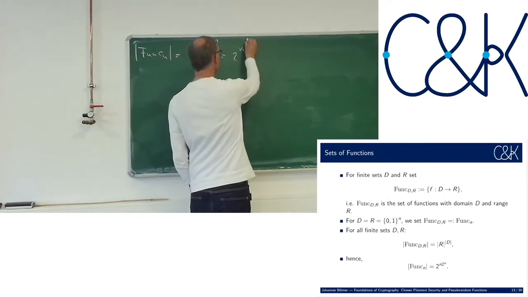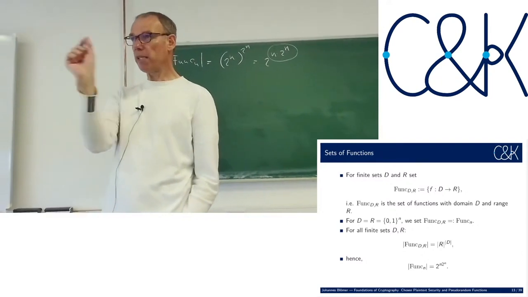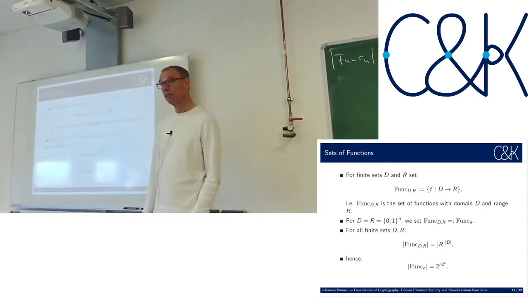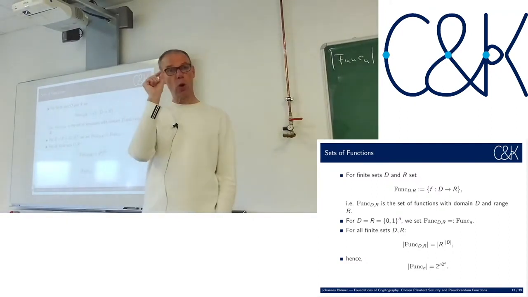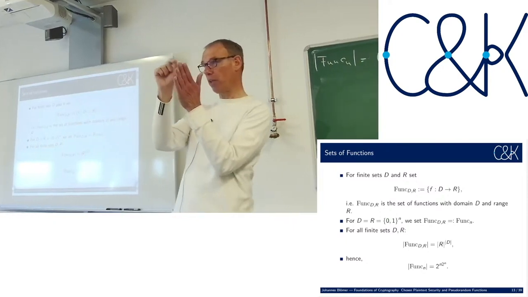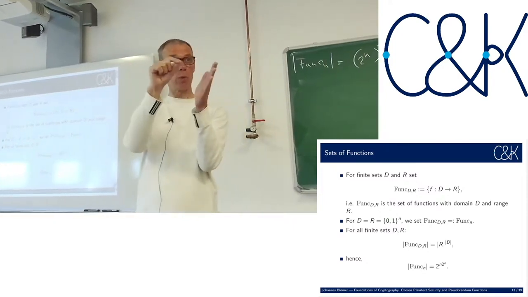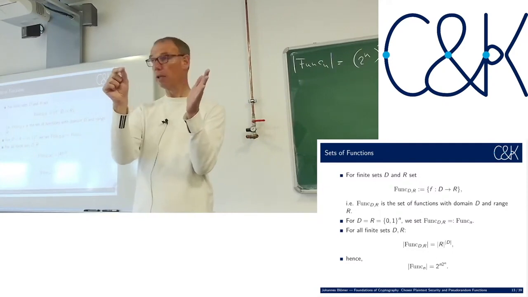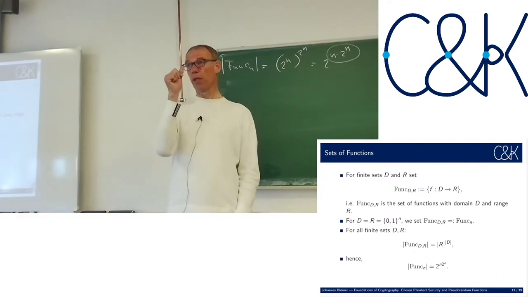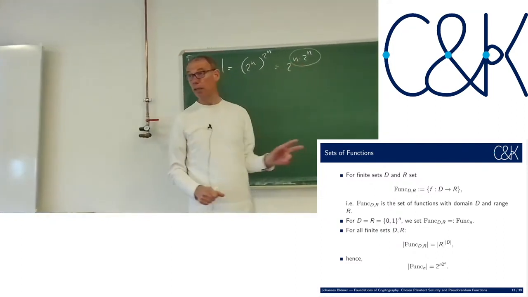Another way of viewing it is you look at this thing here, the exponent. To specify one function from this set, I have to tell you all possible images. Imagine that you have the images in {0,1}^n enumerated in one way, say lexicographically. Then to specify a function in here, I give you the image for the first element, n bits, right?